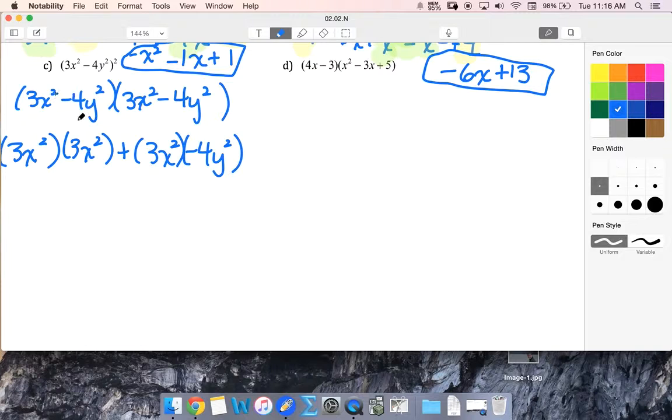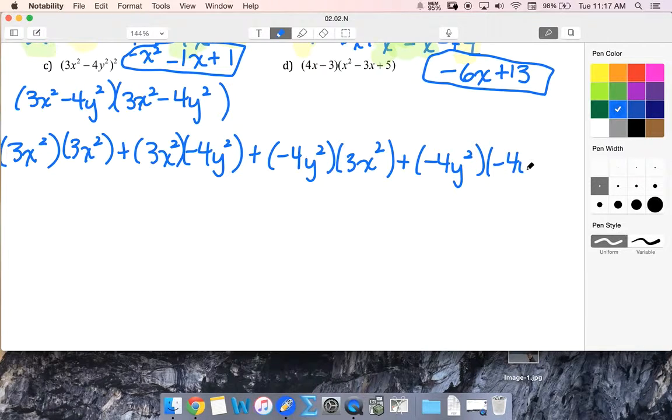And then my inside terms, that's going to be plus negative 4y squared times 3x squared. And then my last term, negative 4y squared times negative 4y squared. So if I'm thinking about all these multiplications, I'm really adding them up. Some of them will end up being negative like here, and some of them will end up being positive like here. So let's do these multiplications.